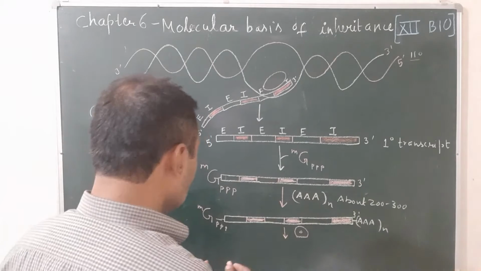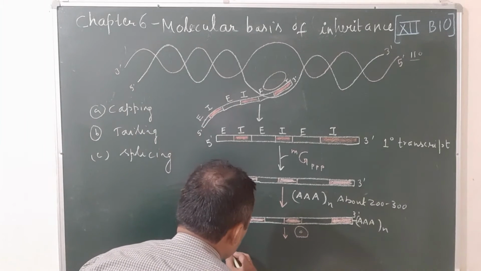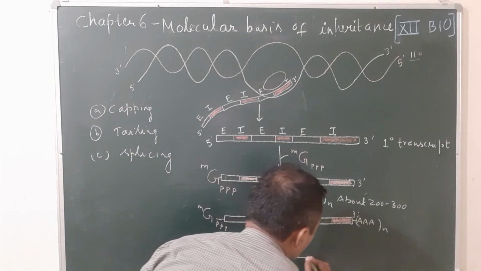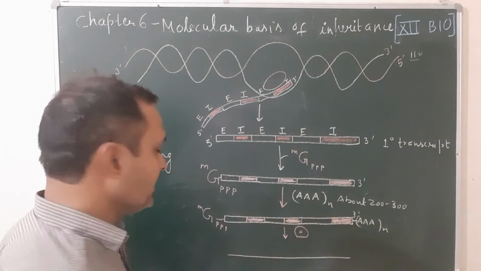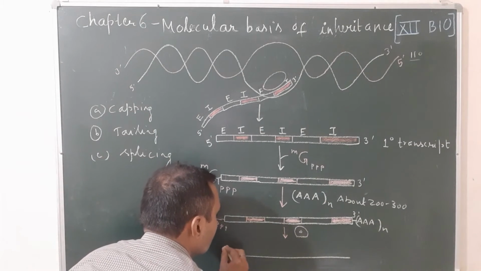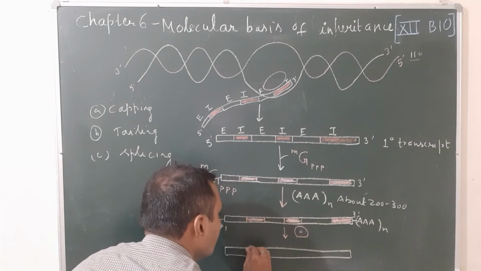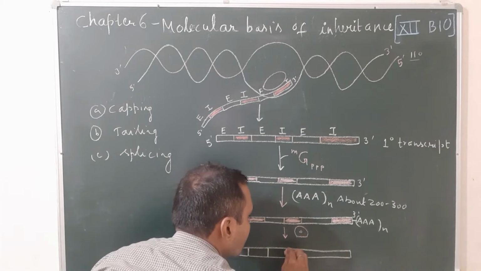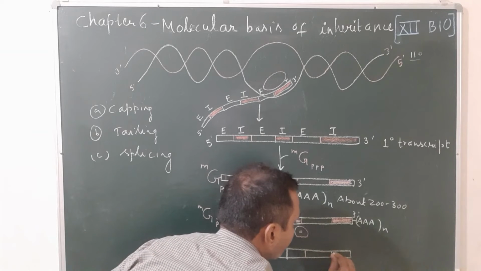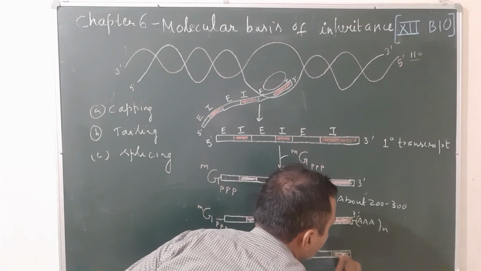So see the next diagram. This SNRP binds to the intron region of the eukaryotic mRNA, and splices out, or you can say removes, the introns from the eukaryotic mRNA.